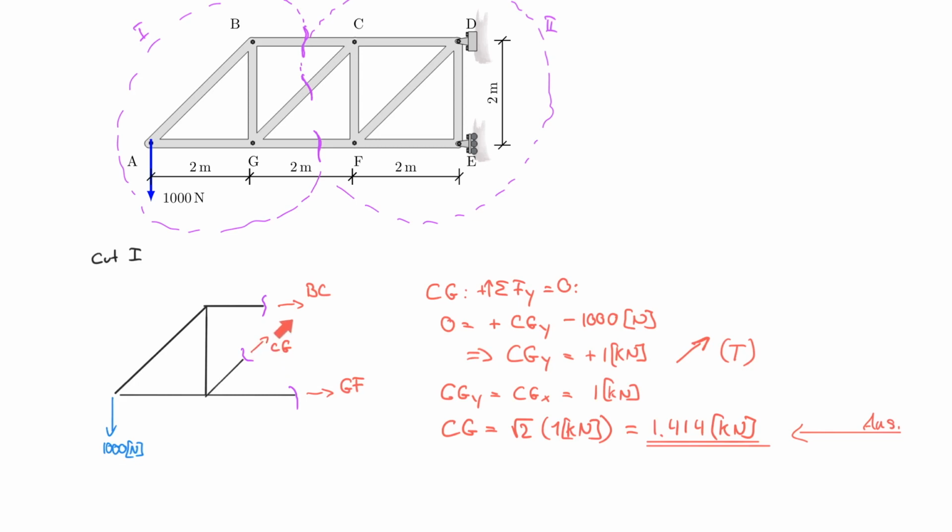And so again, if I want to find BC, I take this point with the shared letter G, and I take the sum of the moments about that point. But if I want to find GF, then I need to take the sum of the moments about C, which is BC shared with CG letter, right? So they both share that letter C.